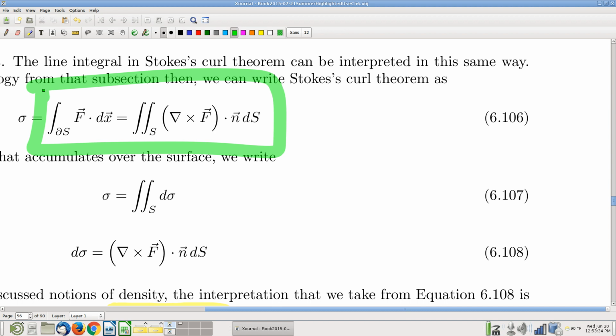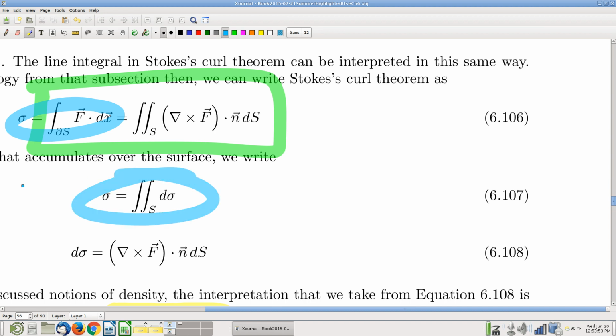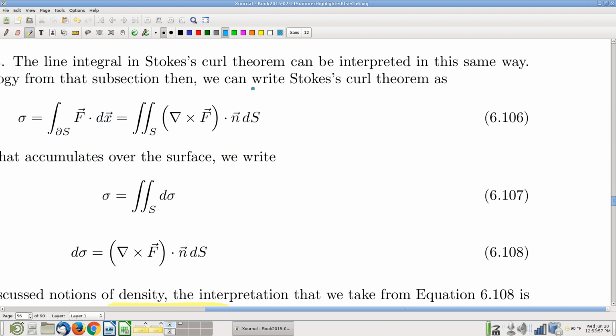We have a name for this object over here on the left-hand side. We call that circulation. Right, so I'm going to use sigma, lowercase Greek letter sigma, to represent it. So we have an accumulating quantity called circulation. It's computed with that formula. Well, yeah, but that circulation is also, if I just directly observe that it is an accumulating quantity, then I have that this is equal to that.